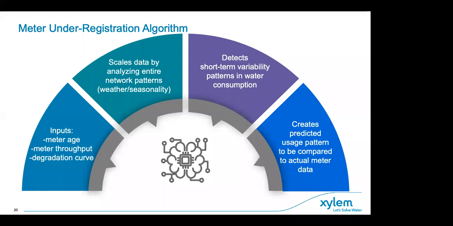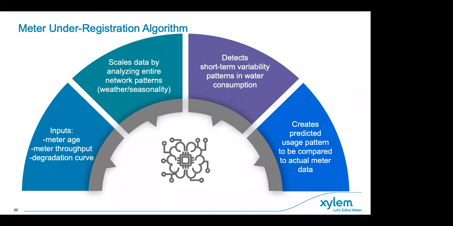So we'll see, is what we're seeing with this meter reflected anywhere else in the system, or is this unique just to that meter? We're trying to establish, is this just a meter issue, or is this something that's been brought on by an external force, such as a wetter summer or a rate increase or a conservation program, and we're seeing this as a network pattern? Because if so, there's nothing wrong with that meter, so it's not going to get flagged.